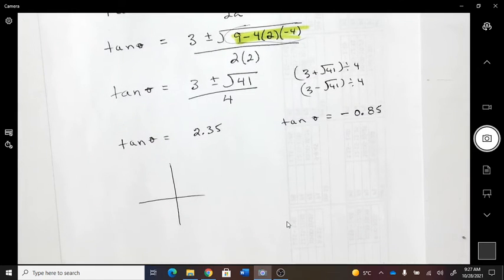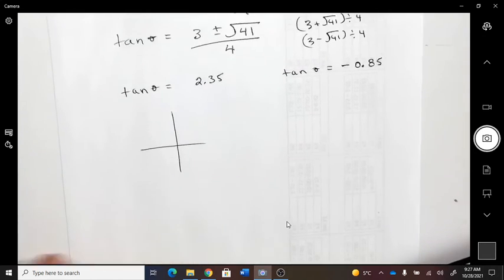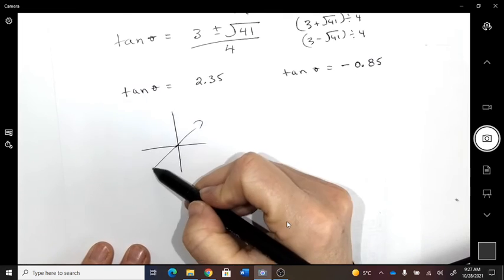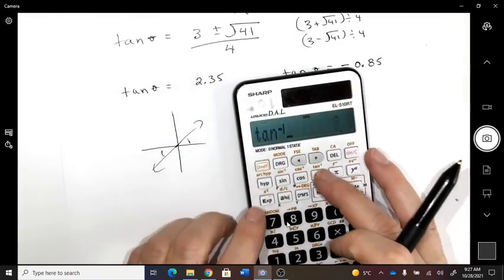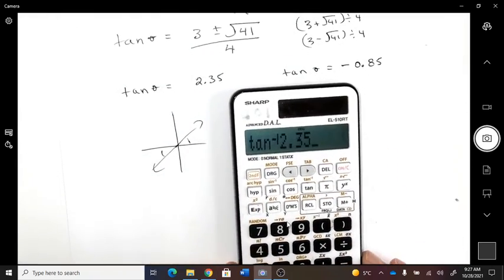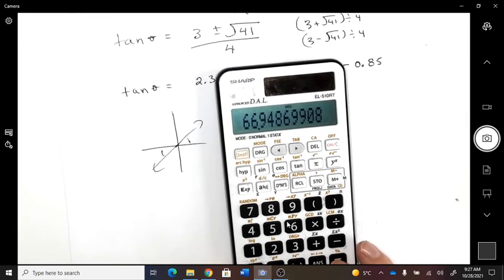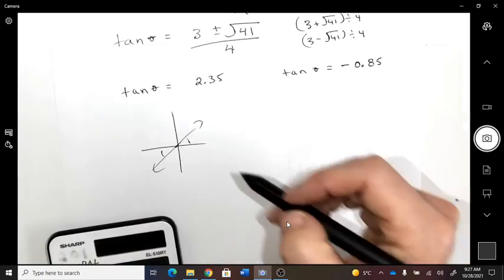Okay, so here's the process. Quadrants. So I'm just looking at the 2.35, tan positive. Okay? So quadrant 1, 3. Tan inverse it. Tan inverse 2.35. 66.9 degrees.